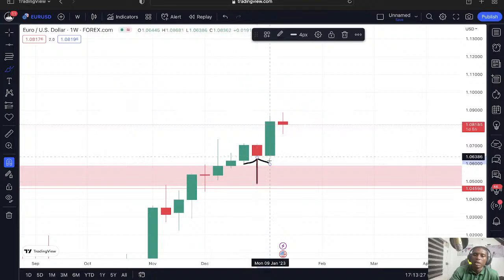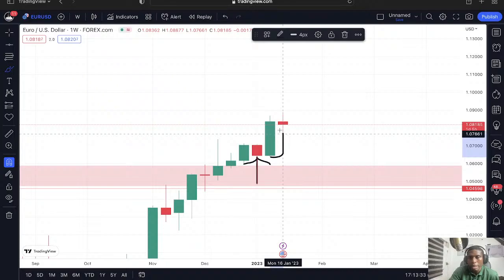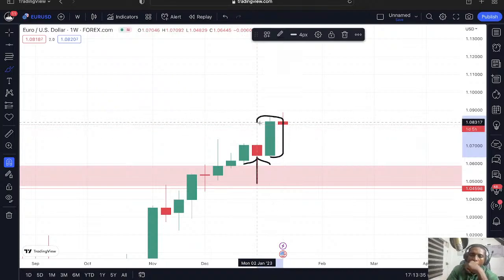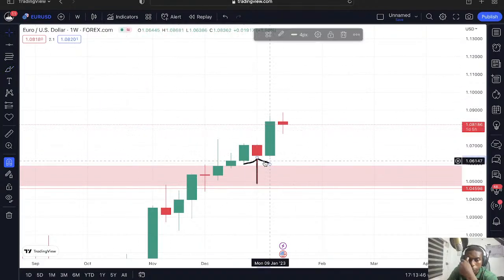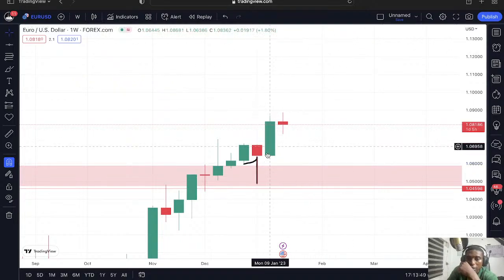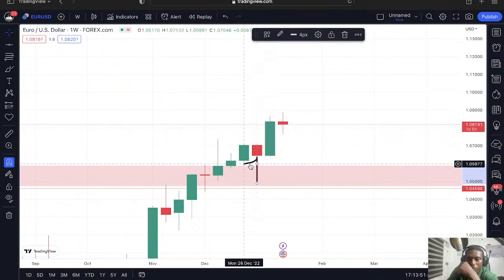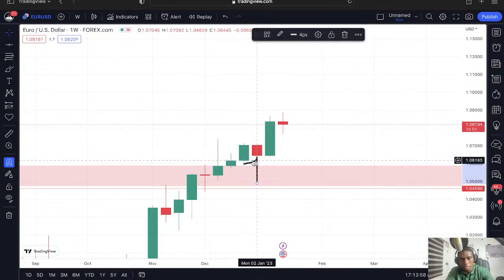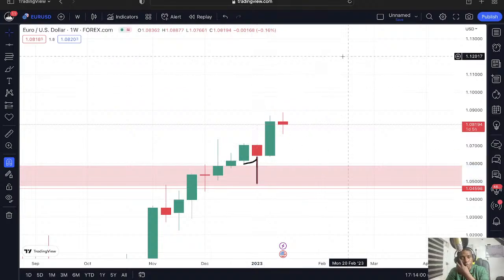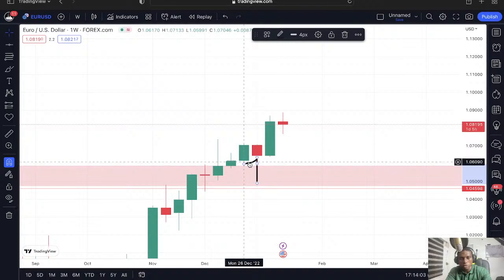All right, then we can see that this was followed by a full-bodied candlestick, as you can see. Now this is giving us that confirmation of a bullish presence, right?